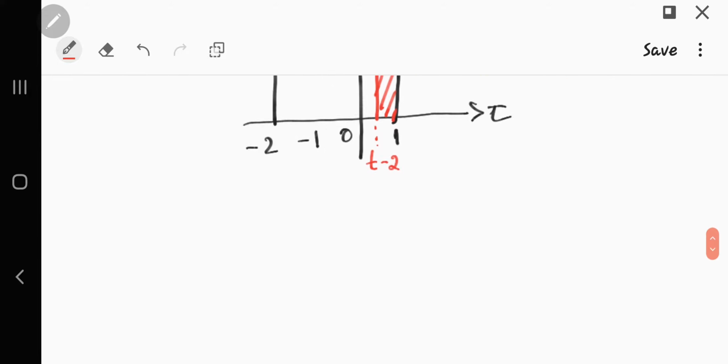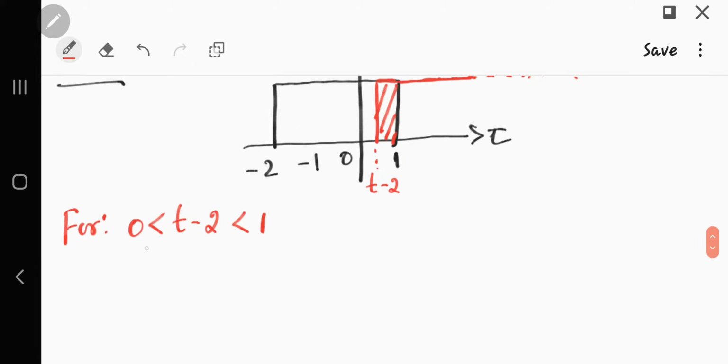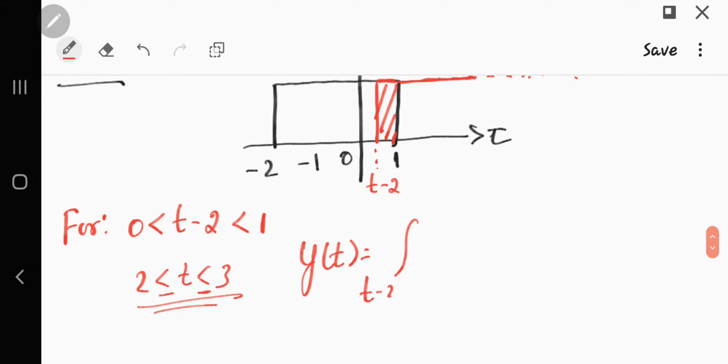So again you will get the same answer for y of t, but let's define the condition first. For t minus 2 less than 1 and greater than 0, if you simplify this, it will be from 2 to 3. Now in this particular duration, what is the value of y of t? So y of t is integrated over the overlapping region up to 1.